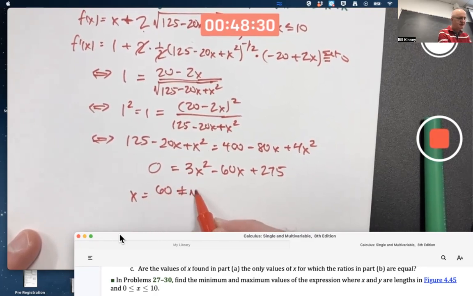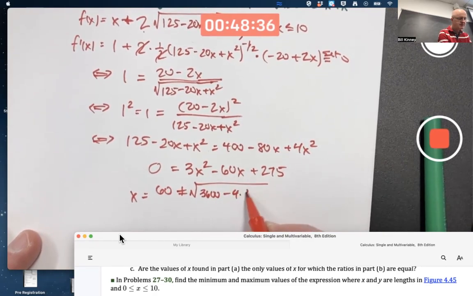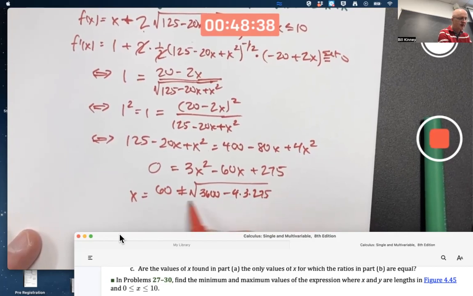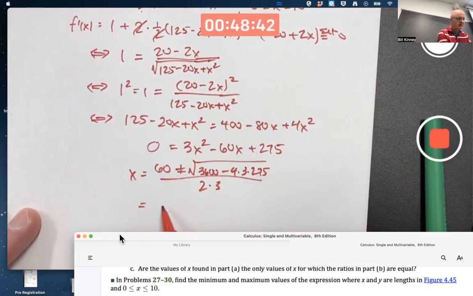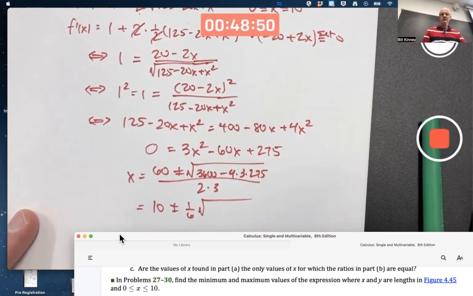Let me just use the quadratic formula. X would be 60 plus or minus the square root of negative 60 squared, which is 3,600, minus 4 times 3 times 275, all over 2 times 3. 60 over 2 times 3 is 60 over 6, which is 10. Hopefully the square root is a real number.